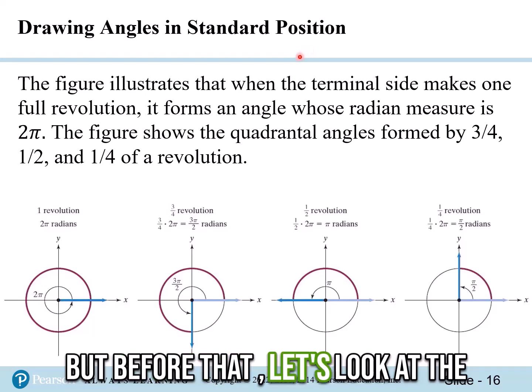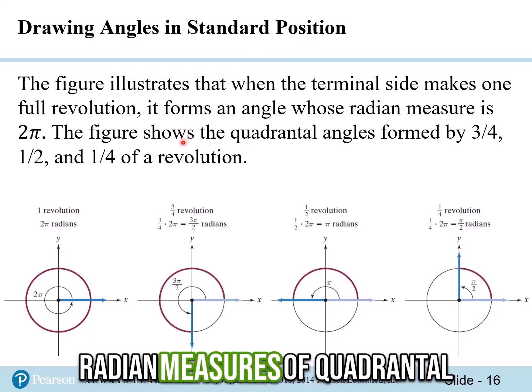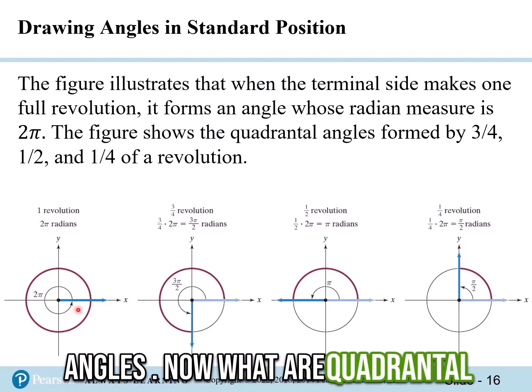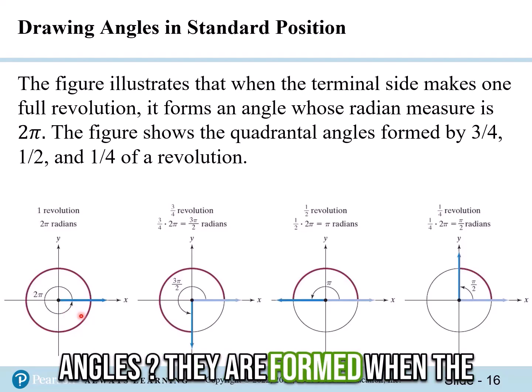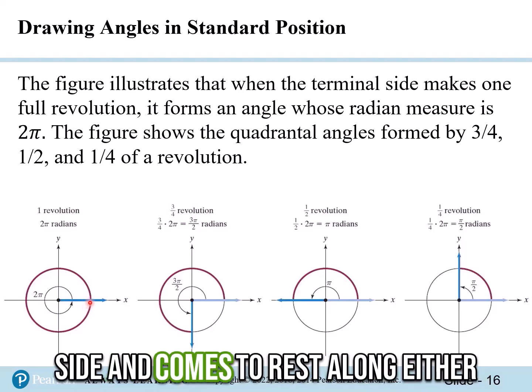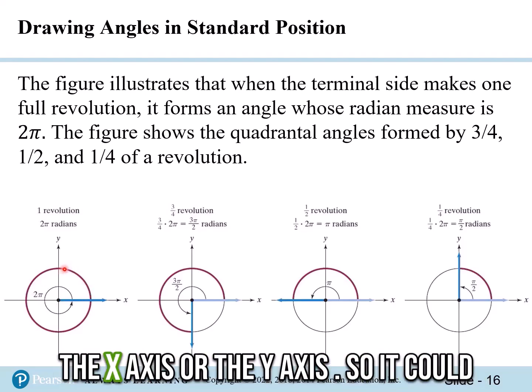But before that, let's look at the radian measures of quadrantal angles. Now, what are quadrantal angles? They are formed when the terminal side moves from the initial side and comes to rest along either the x-axis or the y-axis.